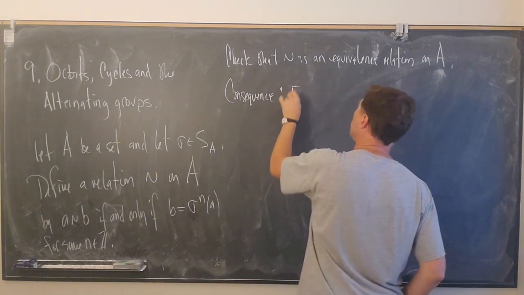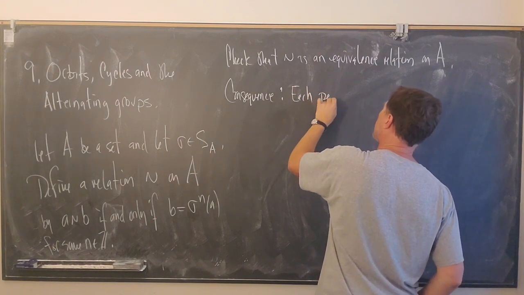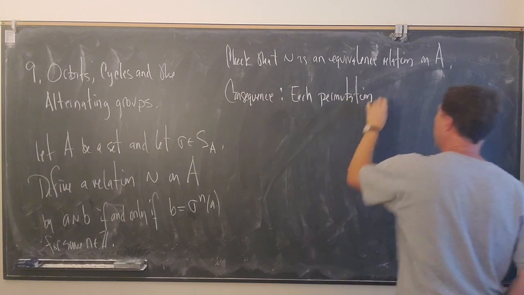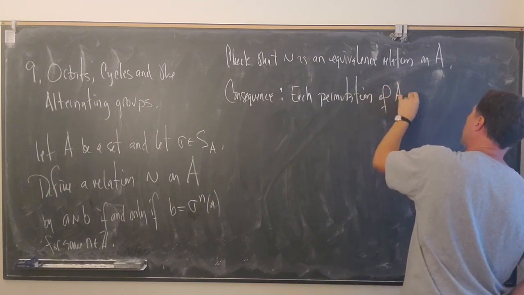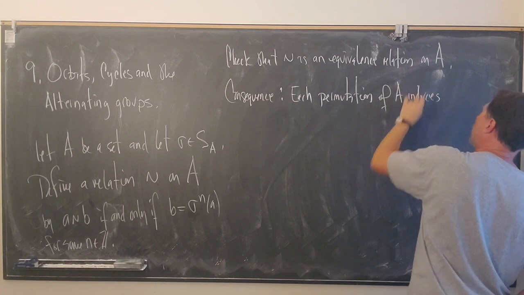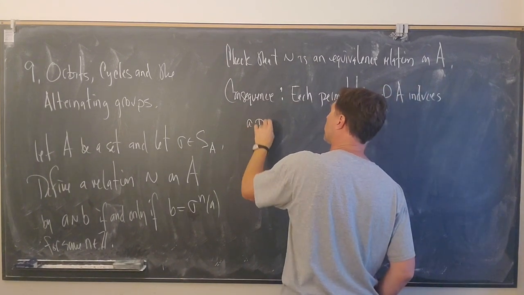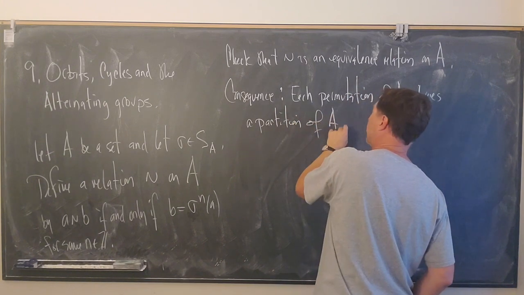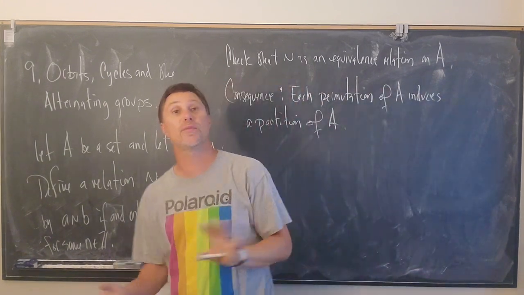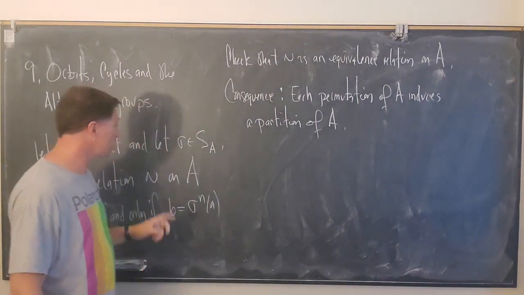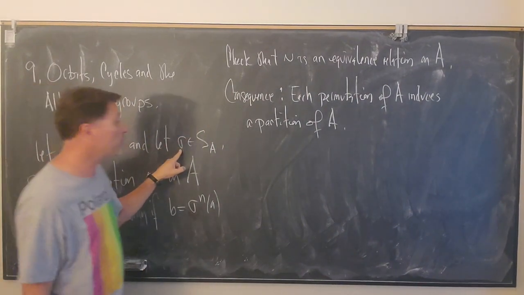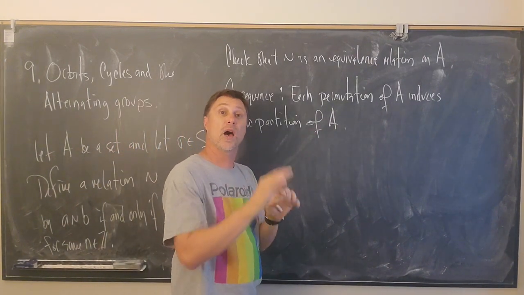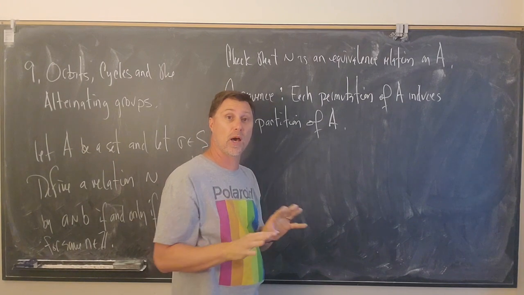So each permutation of capital A induces a partition of capital A. Remember, a partition is just a way of chopping the set up into a bunch of non-overlapping pieces. So each time we have a sigma, some permutation of A, it induces a way of chopping that set up into a bunch of non-overlapping pieces.